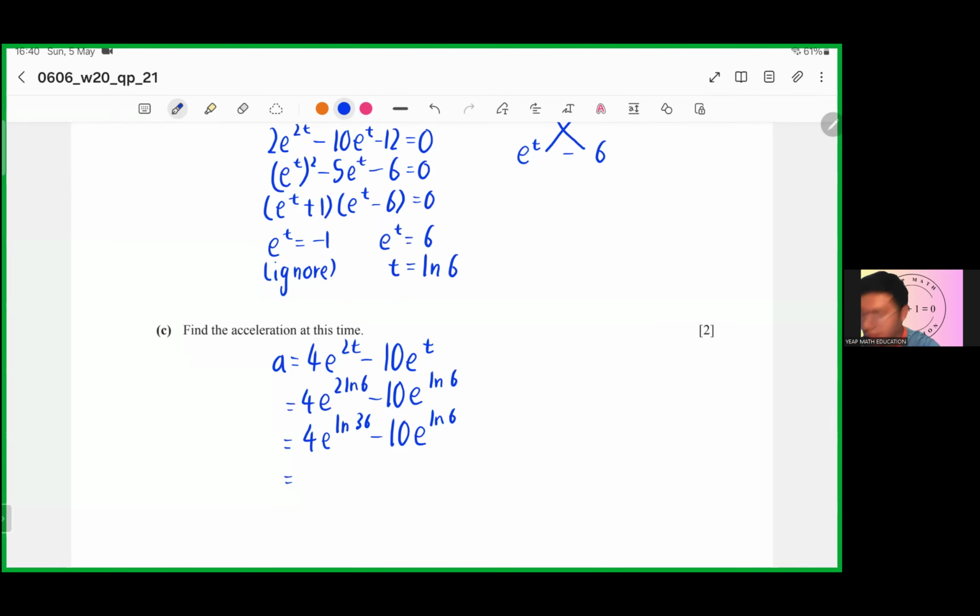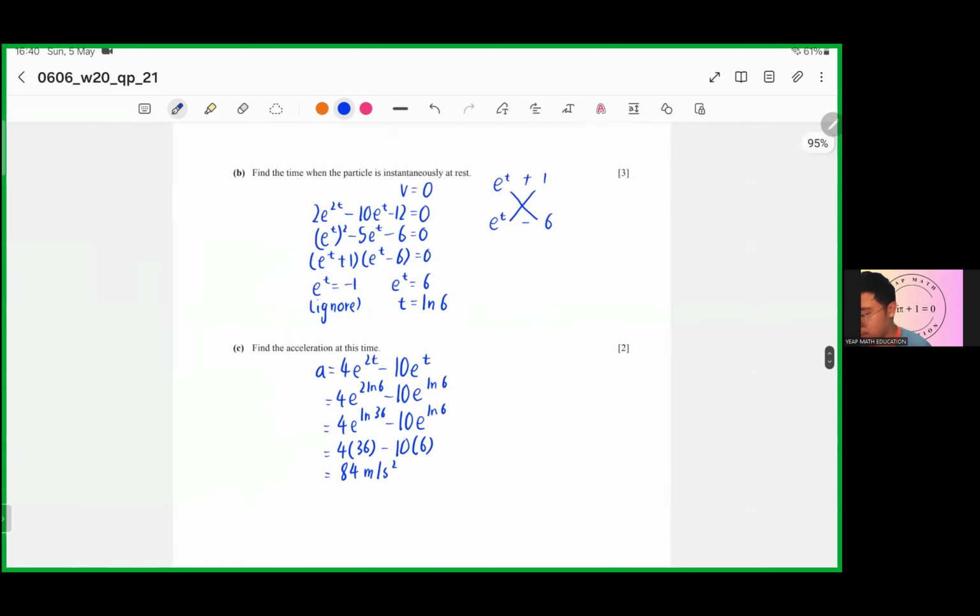So we will get 4 times 36 minus 10 times 6, which is 84 meters per second squared.